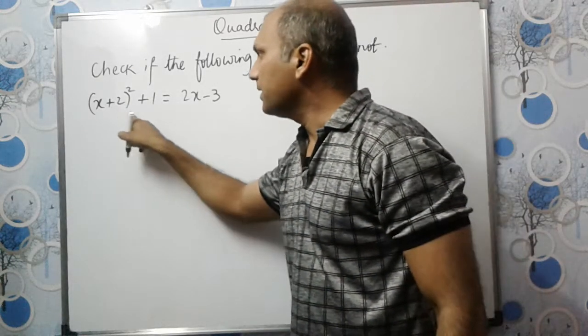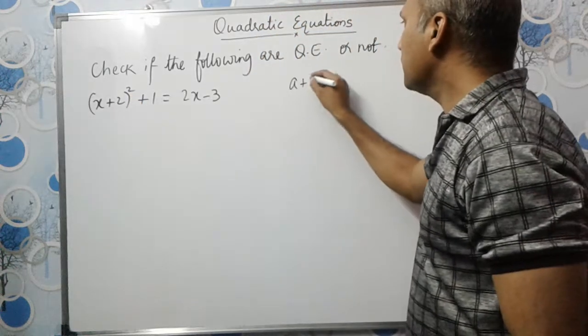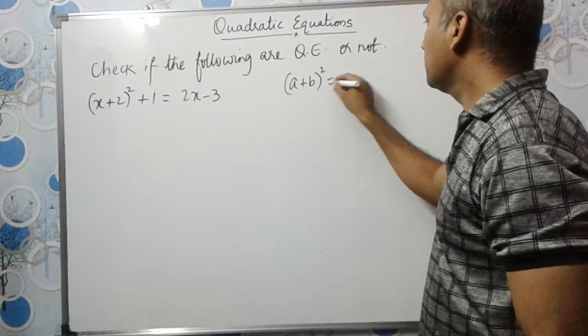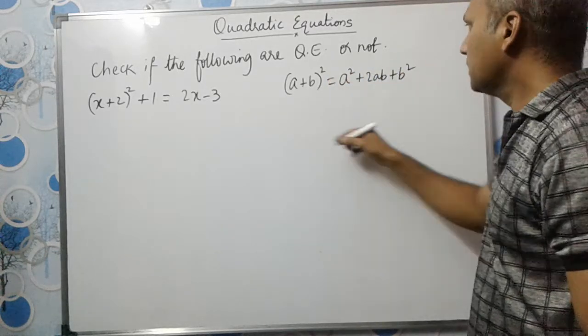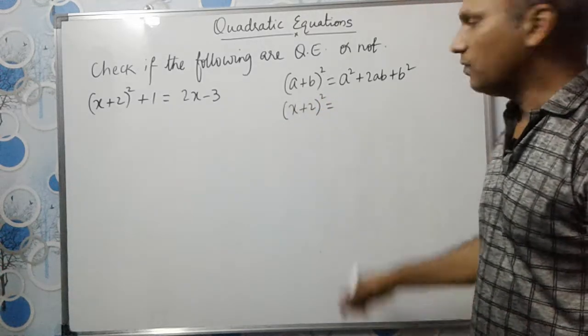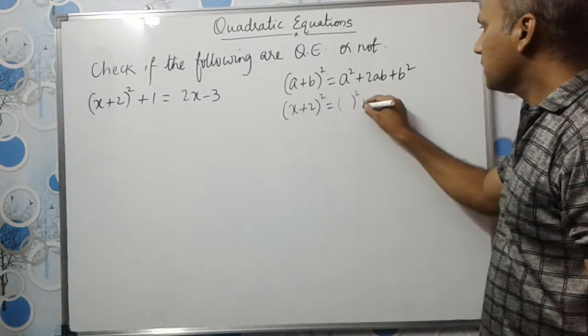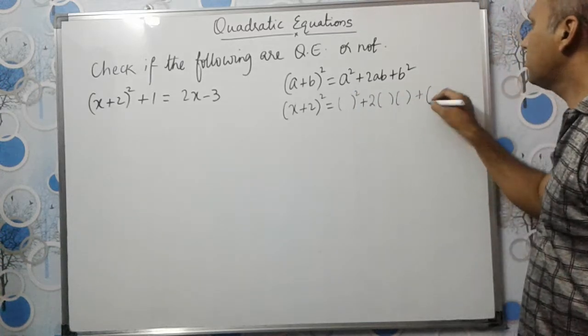See, which identity can we apply here? We can apply (a plus b) whole square. We know (a plus b) whole square is a square plus 2ab plus b square. So this (x plus 2) whole square will be a square plus 2 into a into b plus b square.